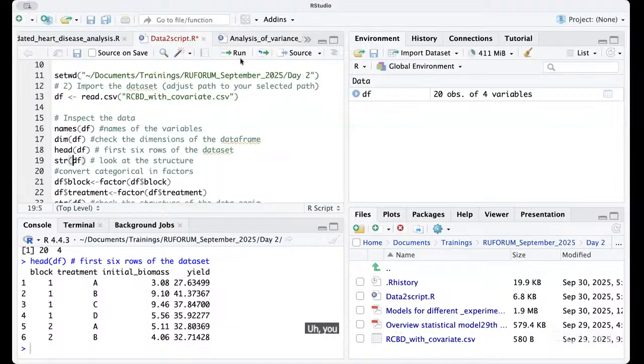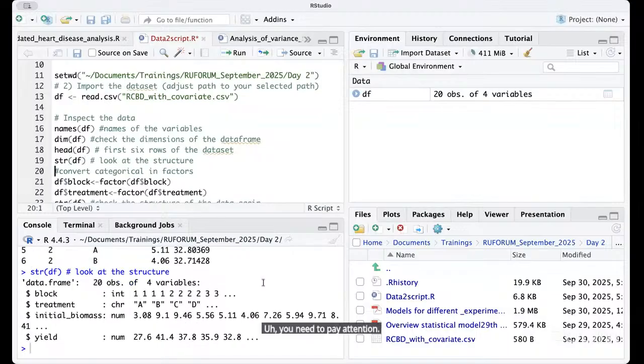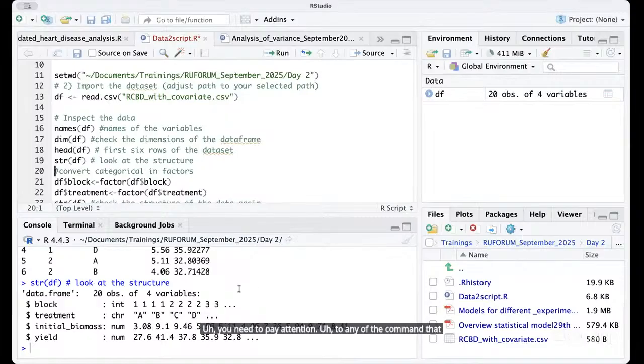You need to pay attention to any of the commands that you run and the output. What is in green is an explanation of what the command does. So this one tells us that this is our data set. It has 20 observations and 4 variables.